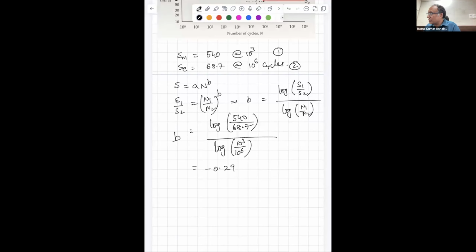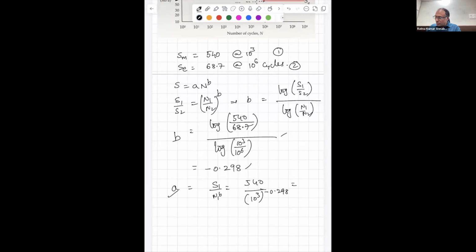Can you check? What is this value? Minus 0.298. Okay. Now A is equal to S1 by N1 power B. S1 is 540 divided by 10 cube whole to the power minus 0.298. What is that A? You understood, no? How am I getting A?